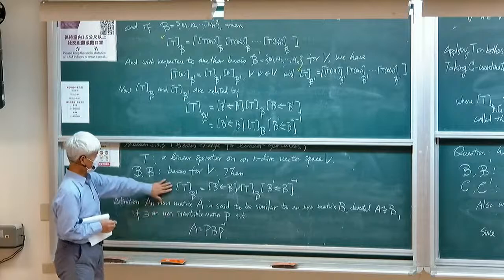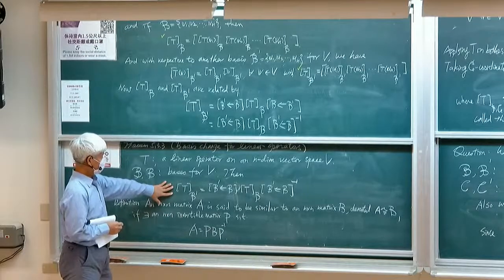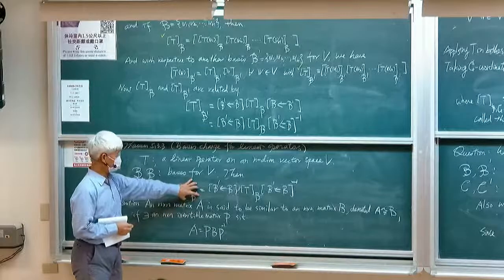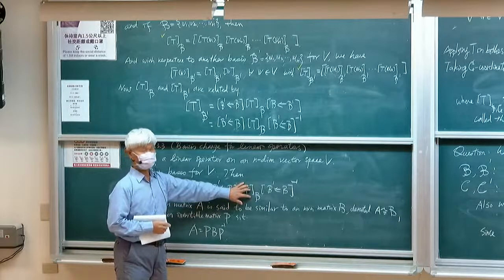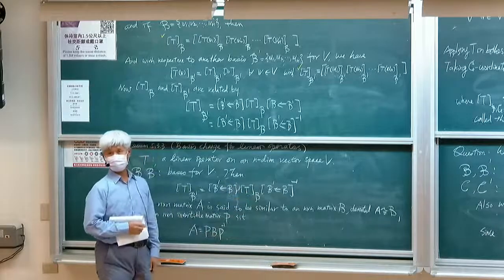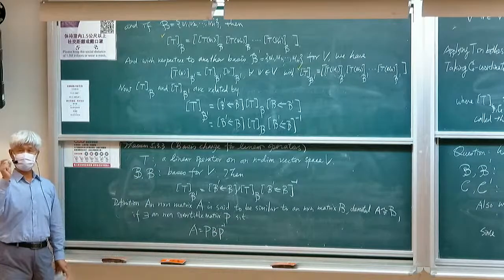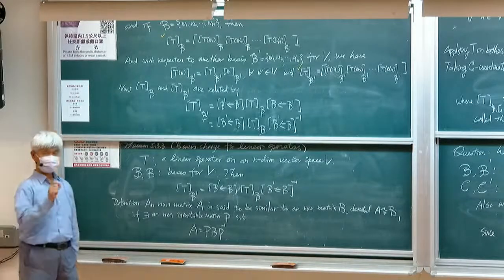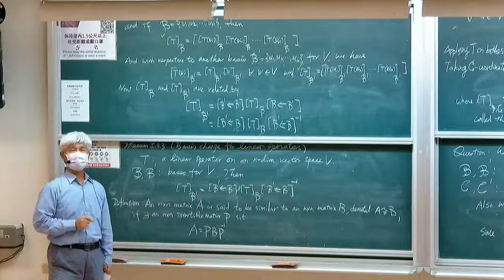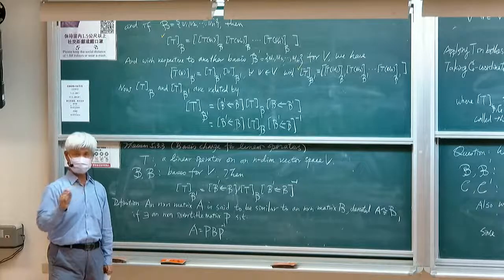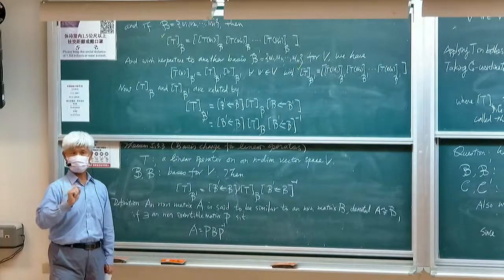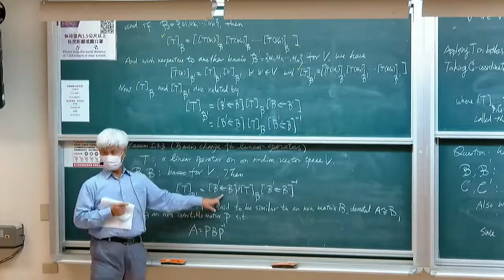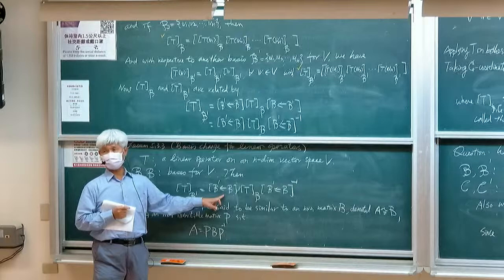So you compare this one, and you can see that the matrix representation of T relative to basis B prime is similar to the matrix representation of T relative to basis B. So for a linear operator T, matrix representations relative to different bases are similar to each other, and the invertible matrix used is the transition matrix for coordinate change.